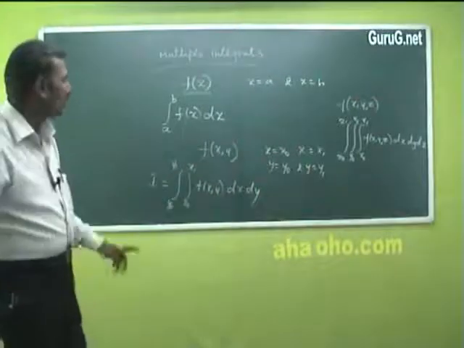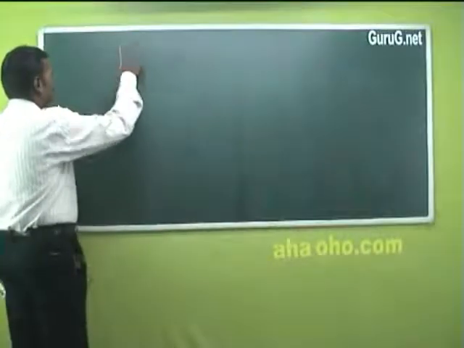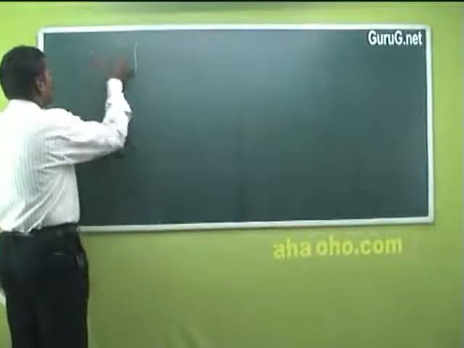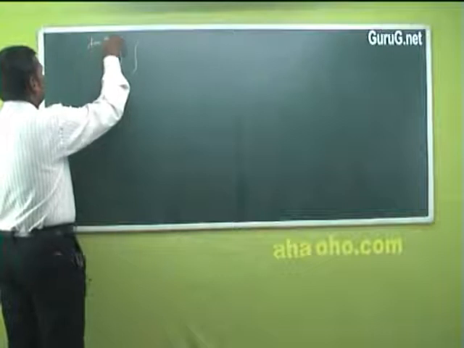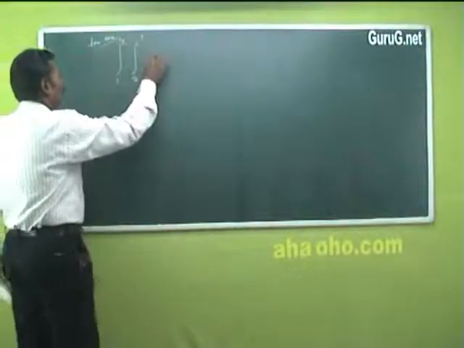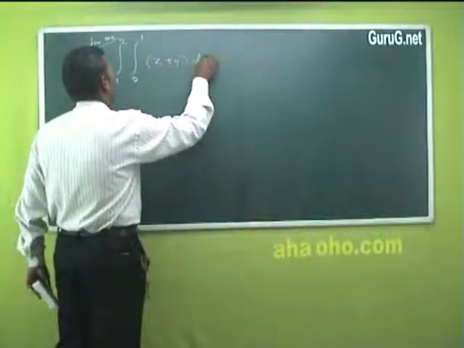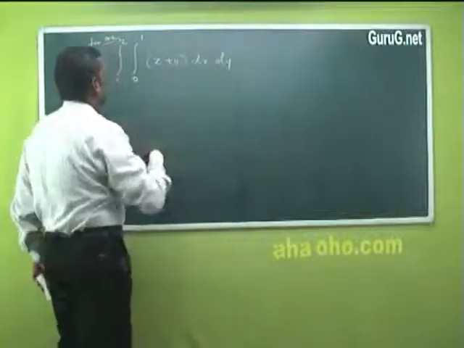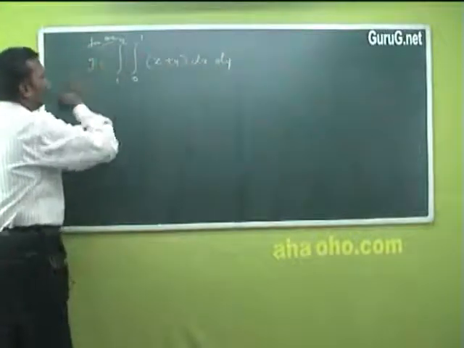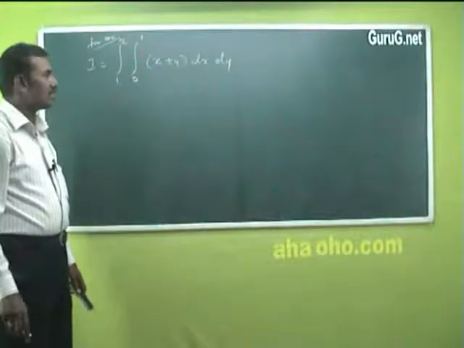Now, evaluation of these multiple integrals. How can you evaluate this integral? Suppose, for example, integral 0 to 1 and 1 to 2 of x plus y dx dy. Evaluate this integral, 1 to 2, 0 to 1, x plus y dx dy.